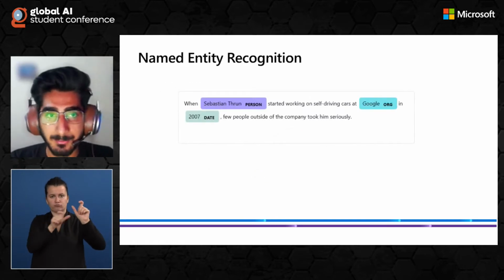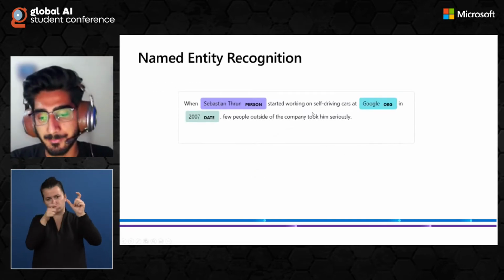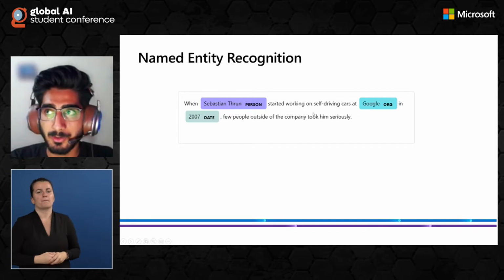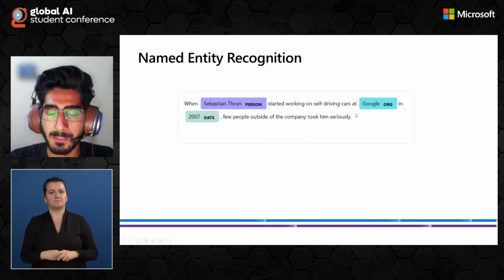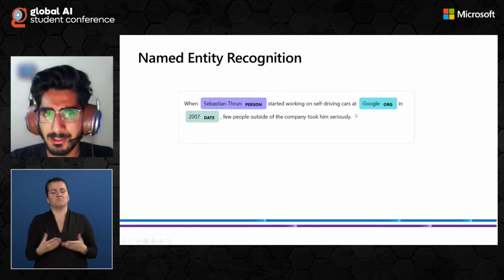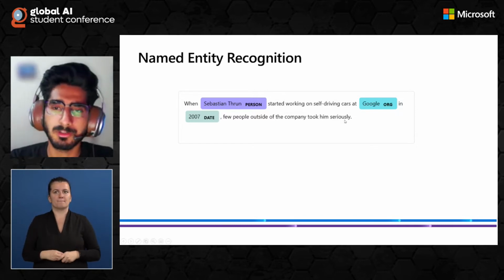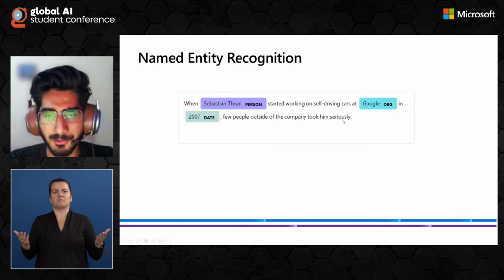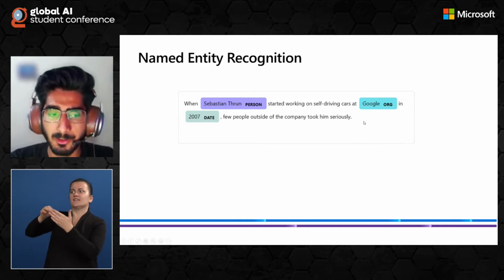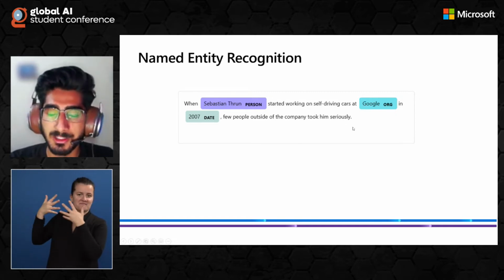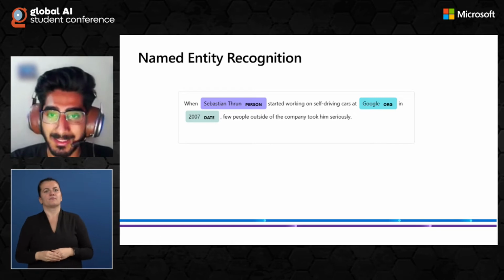And then we have another example called named entity recognition. Let's say you're writing an article about the new president that has been selected for the US, and you want all of the candidates to be detected from your article automatically.